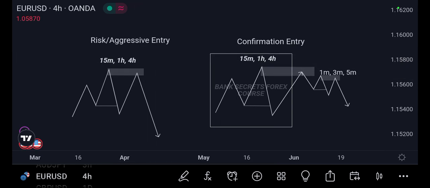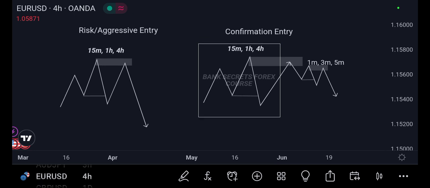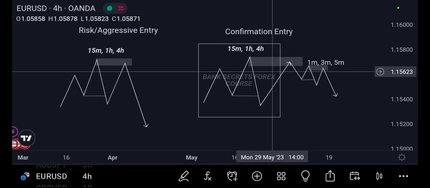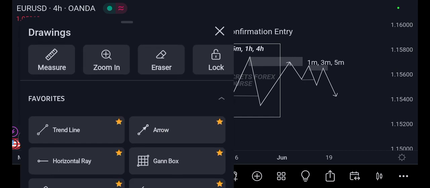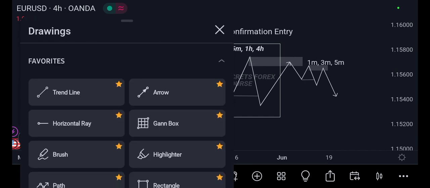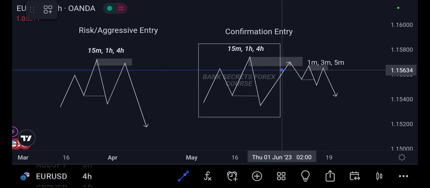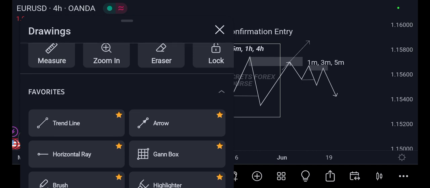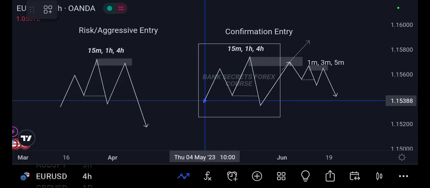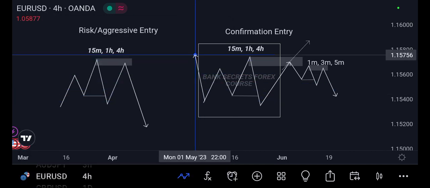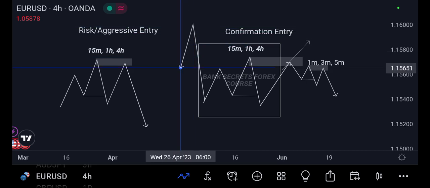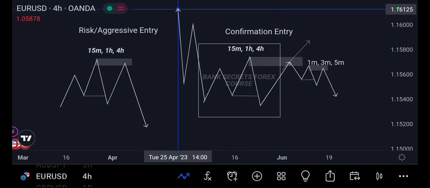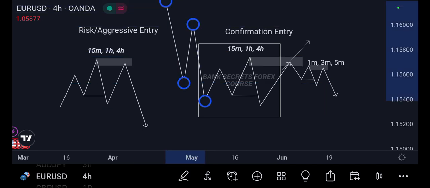For this confirmation entry, it's a confluence and it increases your odds in the sense that when price has already returned to this order block, it's a two-way thing. Price could choose to take out this zone. Then let's say there was a previous order block here like this.